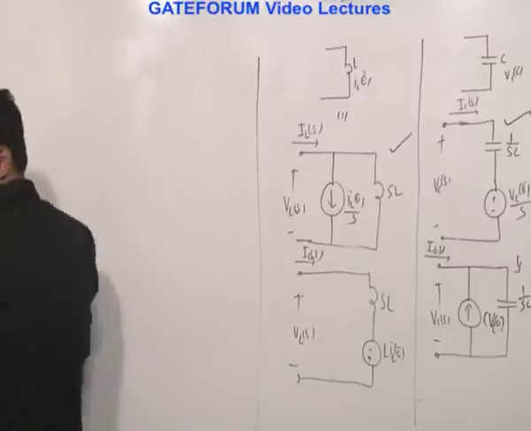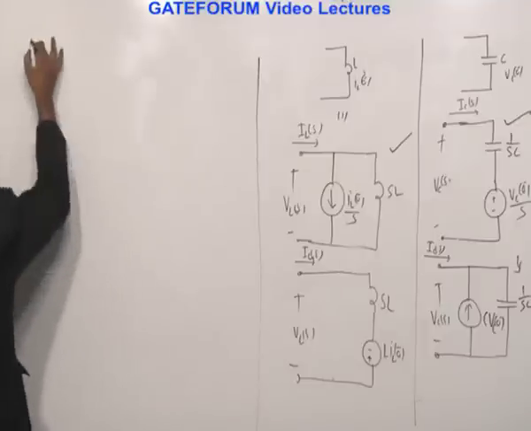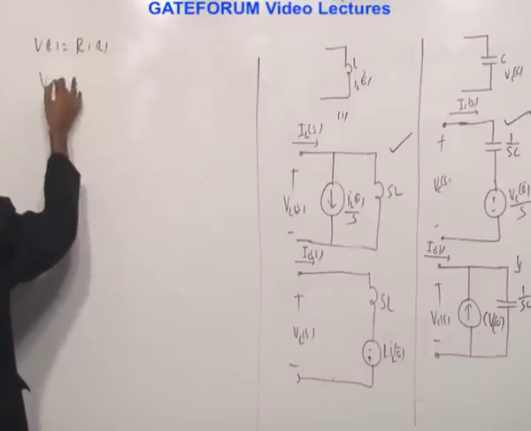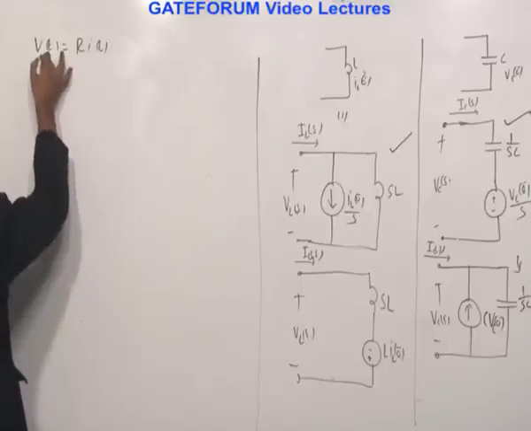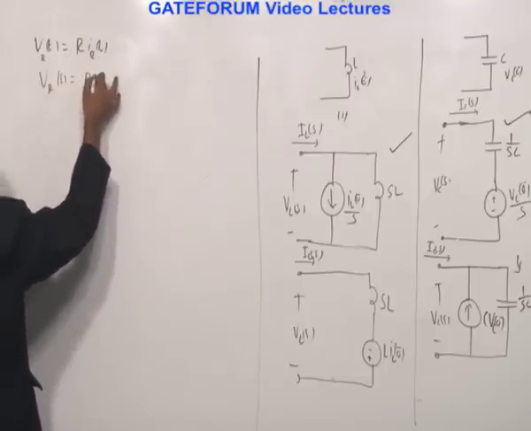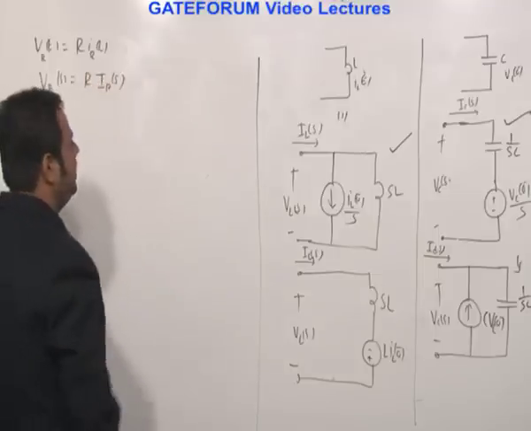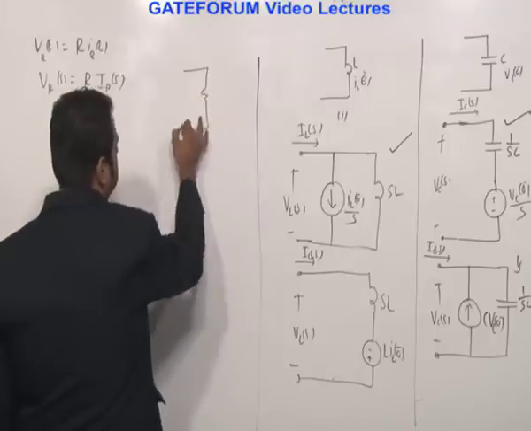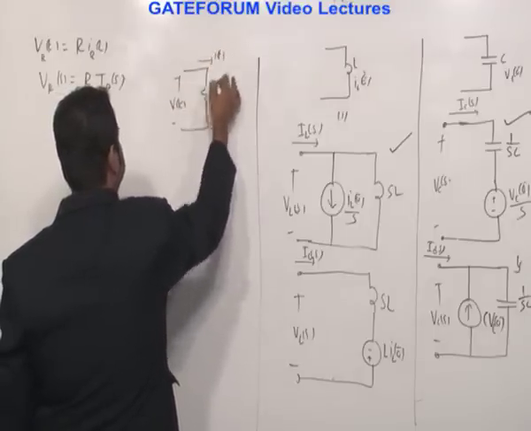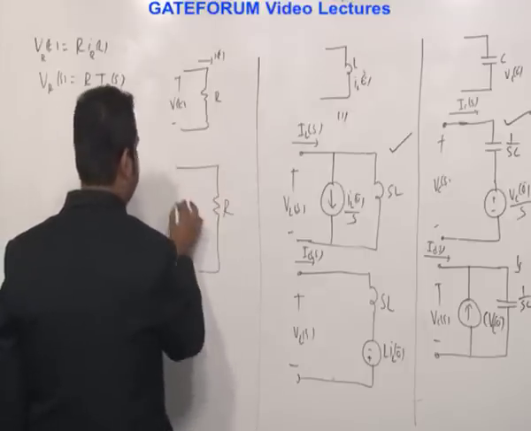What about the resistor? In the resistor case there is no change because it's an algebraic equation. v(t) equals R into i(t), so V_R of S is equal to R into I_R of S. When I say this is v(t), this is i(t), this is R, there is absolutely no change.